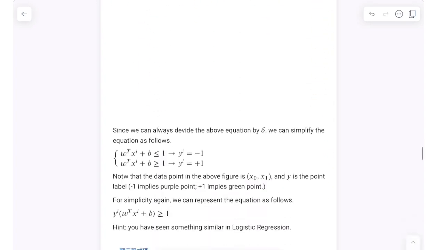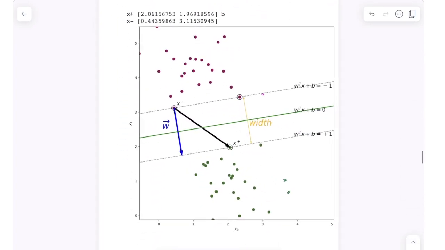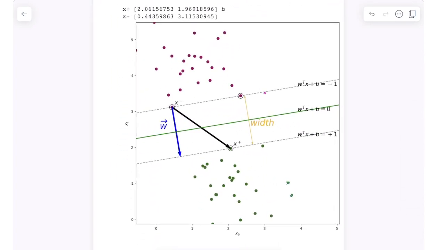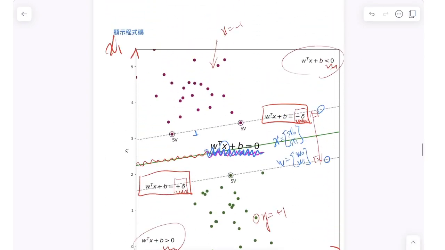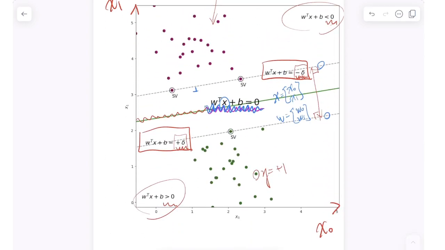So the next part is that because we have so many parameters right here, we have w, we have b, we have delta. So for simplicity, we divide all the parameters by delta.